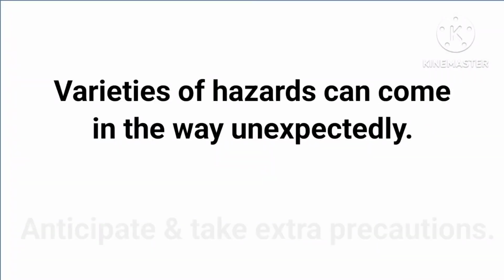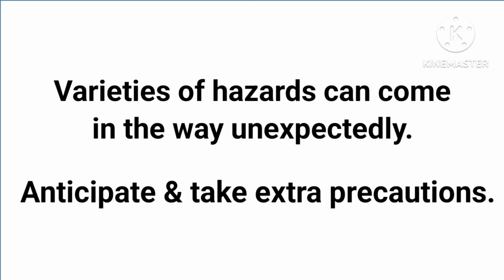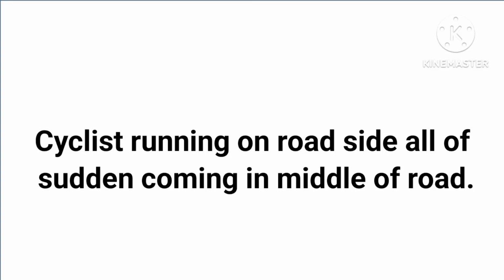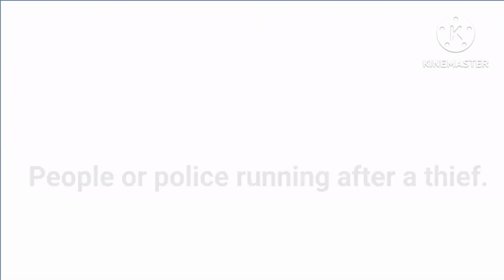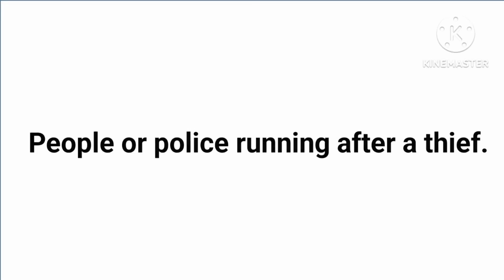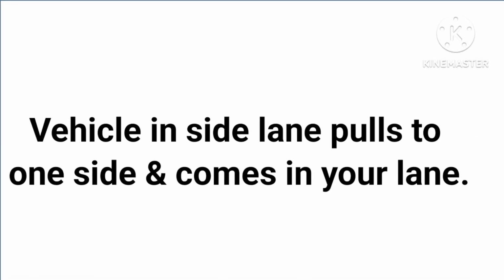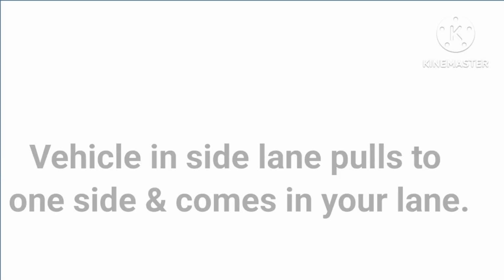6. Hazard anticipation. There can be a variety of hazards coming in your way unexpectedly. You have to anticipate such situations and take extra precautions. For example, a cyclist running by the roadside all of a sudden coming in the middle of the road, people or police running after a thief, or a vehicle moving ahead in the adjacent lane that on application of brakes pulls to one side and comes in your lane.